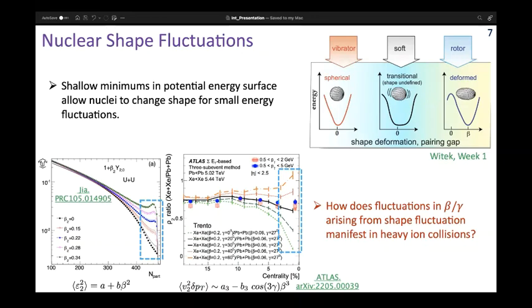And what they see is that the effect of these deformation parameters is quite pronounced in the ultracentral collisions. The left plot is shown for the second order eccentricity, and this shows the effect of the beta parameter. And the right plot is shown for the ρ2 ratio, and it is shown for the gamma parameter.